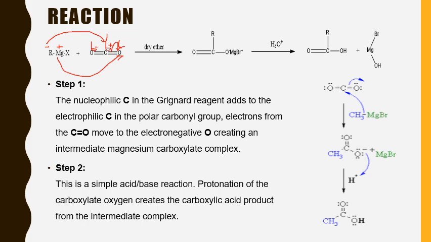So CH3 from this Grignard reagent is getting added to carbon, and as soon as it gets added to carbon, the pi bond will shift onto the oxygen. So it will form a negative charge here. So the blue part, you can see CH3 is bonded to carbon and the pi bond is shifted to oxygen, therefore O minus, and MgBr will have a plus charge.